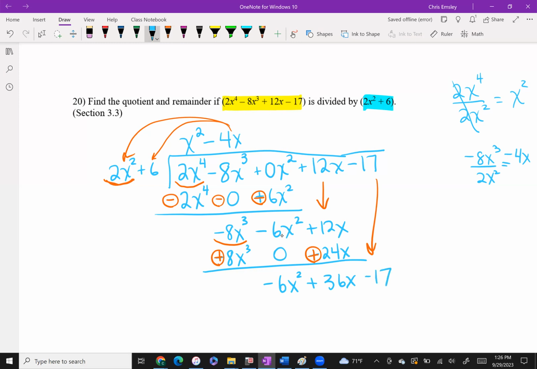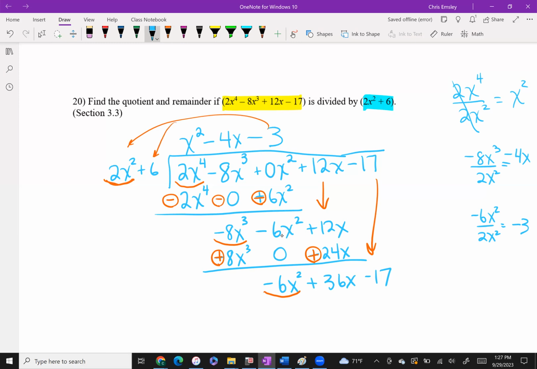One more round. Now the question is, we move our way across, what do I multiply 2x squared by to get negative 6x squared? Or again, if you want to see it, negative 6x squared divided by 2x squared is negative 3. That's what goes up here at the top. Multiply it down, distribute it into both terms.